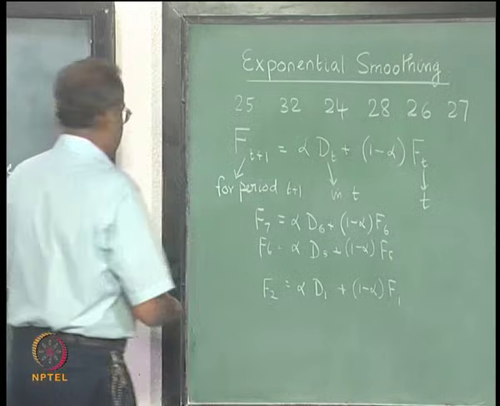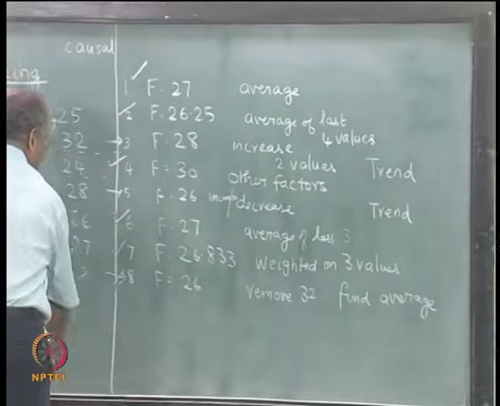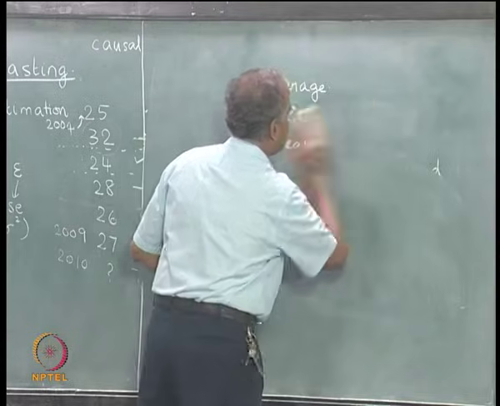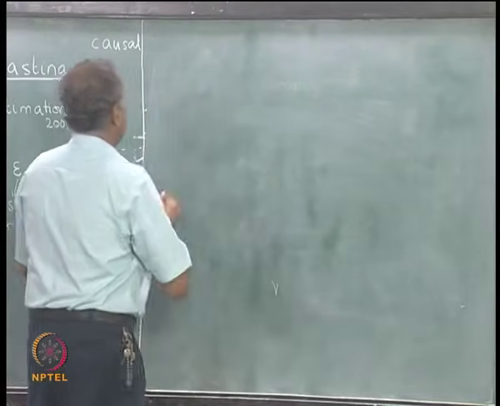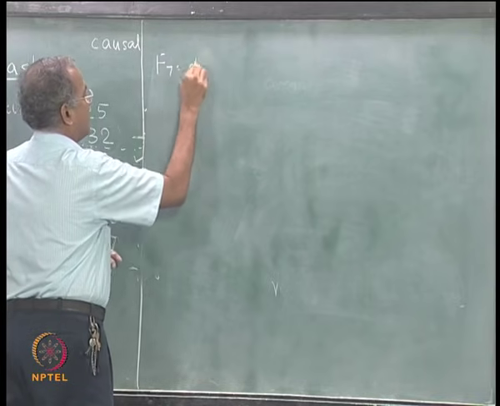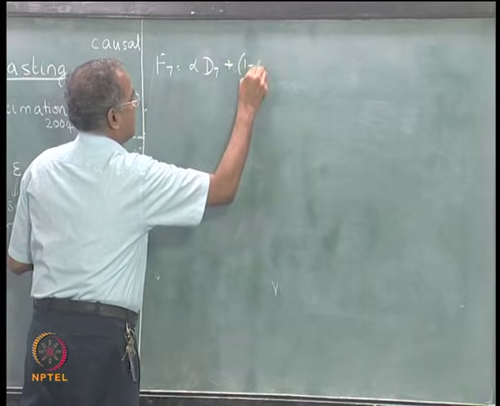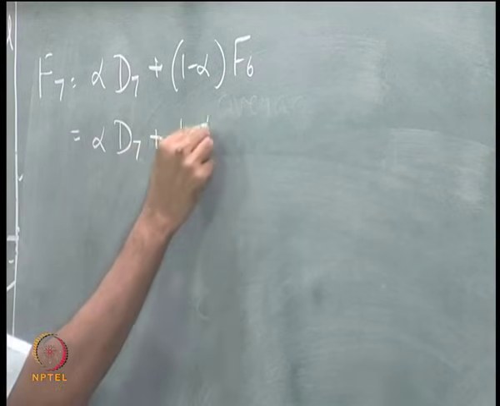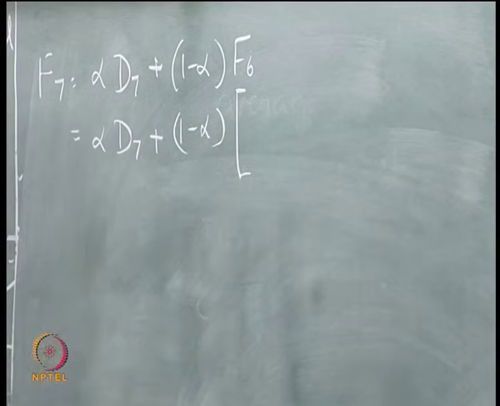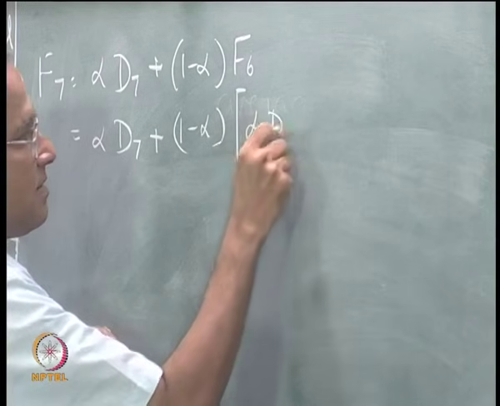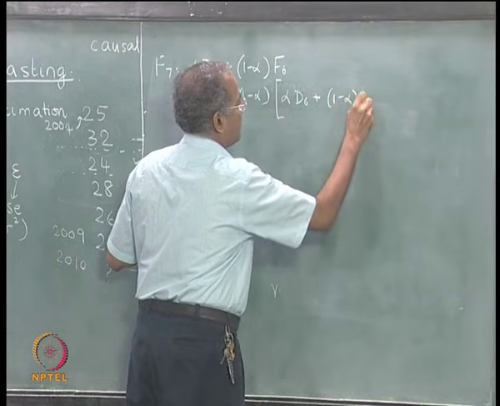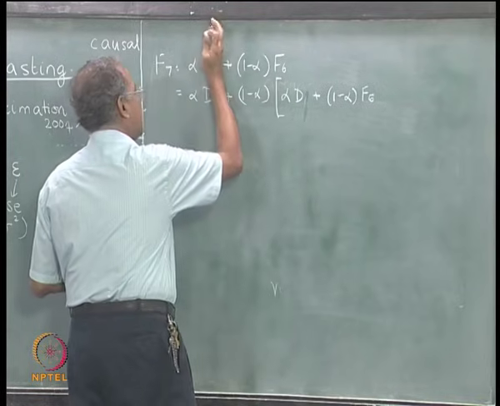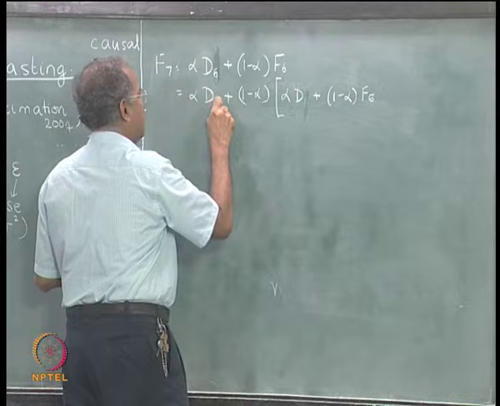In order to do that, let us write F7 as alpha D6 plus 1 minus alpha F6, where F6 can be written as alpha D5 plus 1 minus alpha F5.